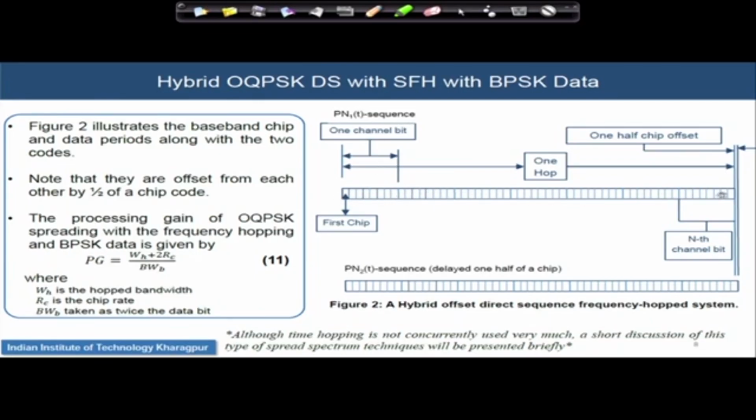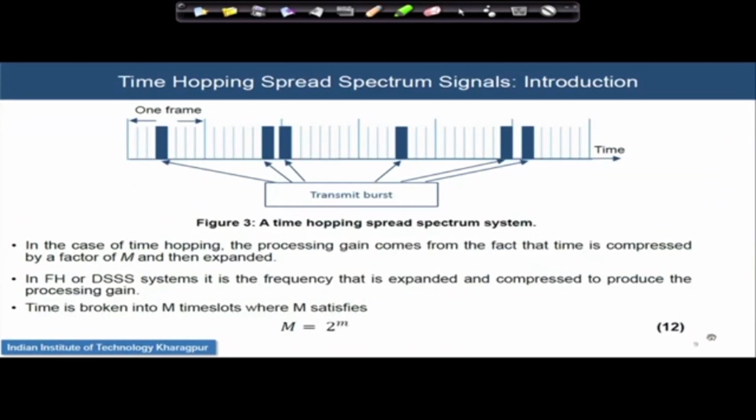All the in-phase bits have got spread, and all the Q-phase bits have got spread by the PN2 sequence. And definitely the processing gain will end up with this W_H plus 2R_c divided by B into W_B, which does not have any kind of change, because you are coming up with the I-phase and Q-phase spreading.